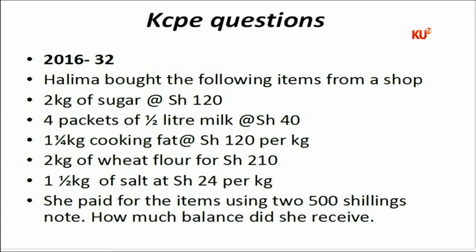And then 1 1/2 kgs cooking fat at 120 shillings per kg. 2 kgs of wheat flour for 210 shillings. 1 1/2 kgs of salt at 24 shillings per kg. She paid for the items using 2 500 shillings notes. How much balance did she receive?